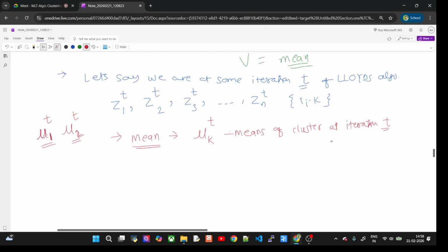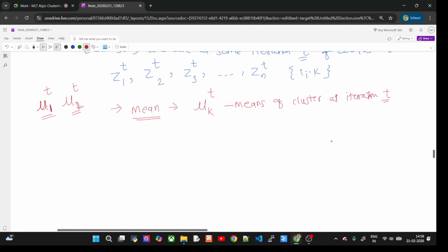But I am at iteration t and still not happy. I know my algorithm may converge or not, but whatever the current situation, I need to jump. For example, the third point x3 has a cluster indicator z3 of the t-th iteration.